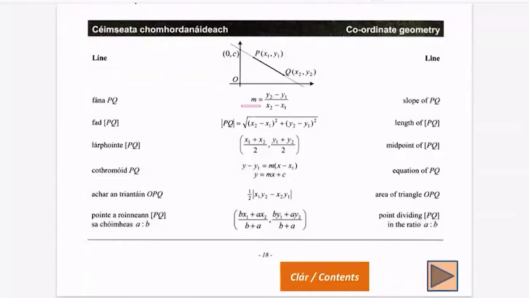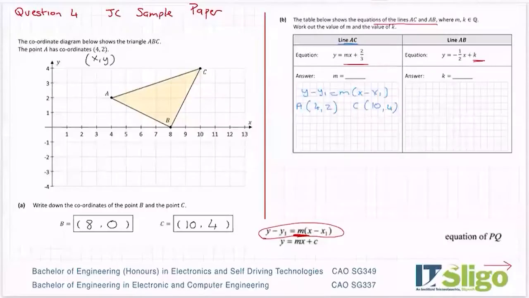I label them just like it told me in the log tables, x1, y1, x2, y2. So that's the first job done. We have our equation and we have our points labeled. To use that formula, I need to first find the slope. So let's write down our equation for the slope.